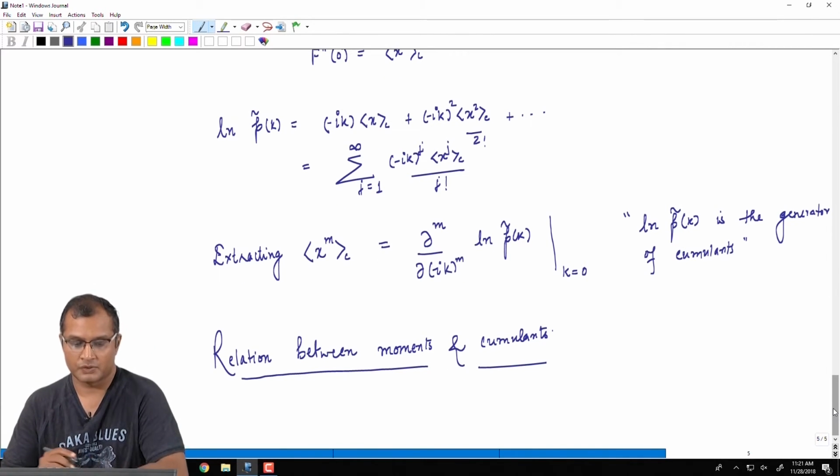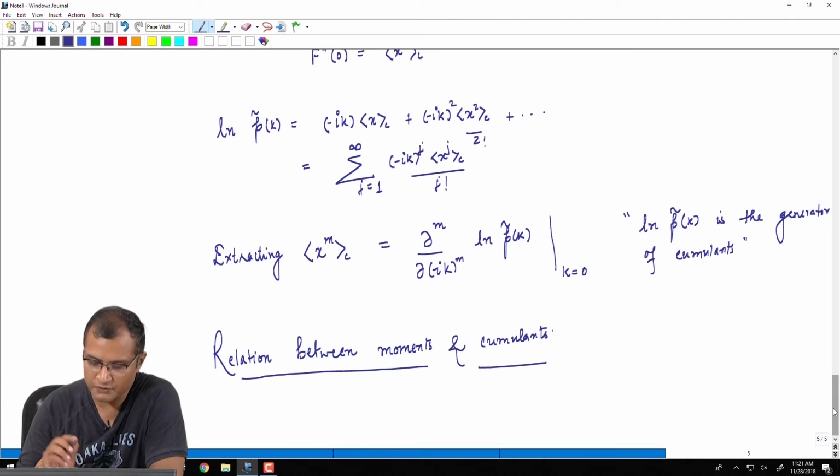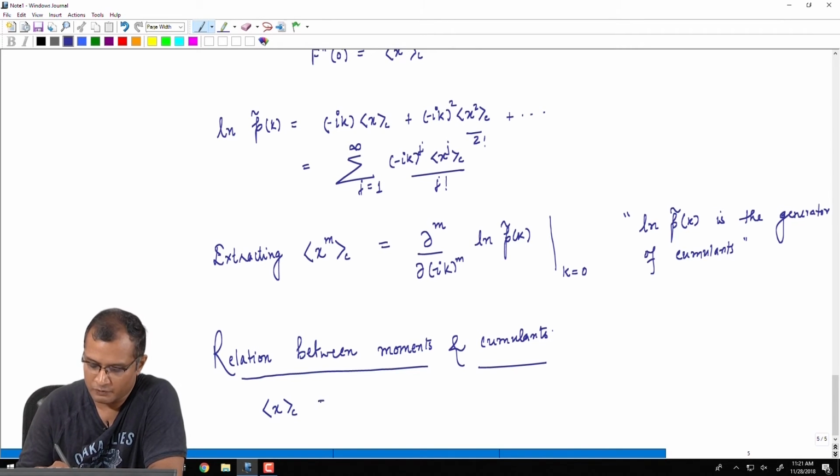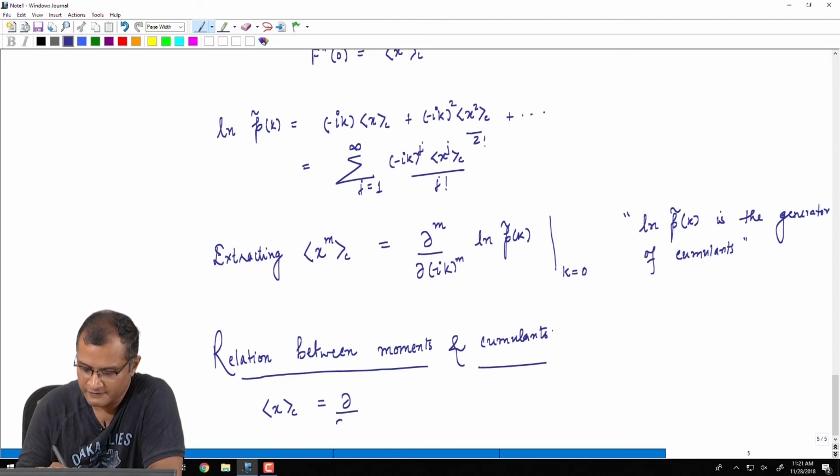So, this is going to be my first agenda. Let us find out the first cumulant. The first cumulant is nothing but m equal to 1, so that would be just the first derivative.